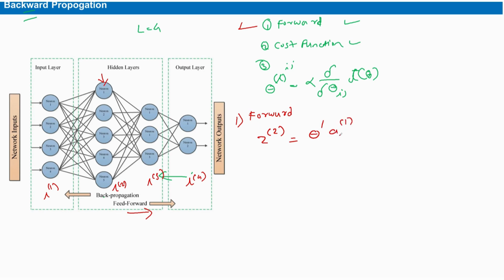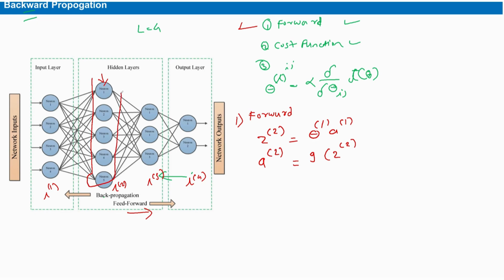Here A of 1 is nothing but the input layer features. With this we get the linear computation for layer 2. Then we find the activation for layer 2 by applying the activation function on this linear computation.